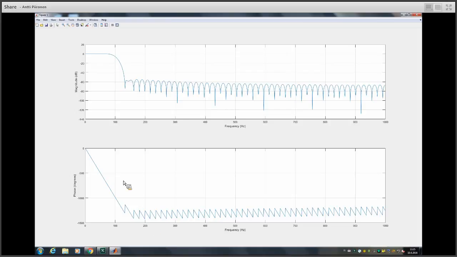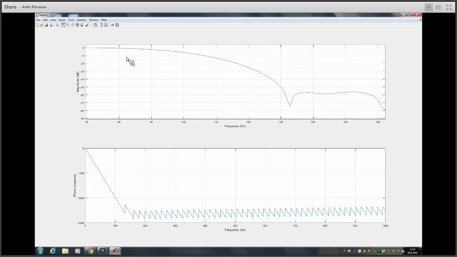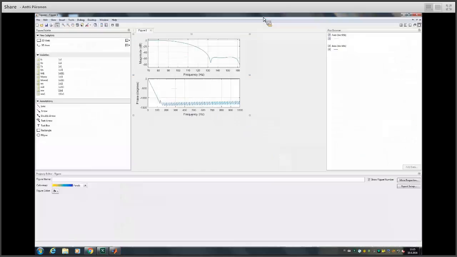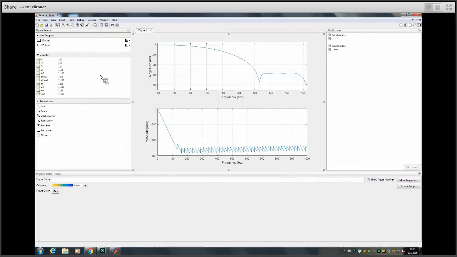Now the question is, is the transition bandwidth proper? If we could tolerate, say, double of that transition bandwidth, so this transition bandwidth, if I see it correctly, let's zoom it a little bit to see it better. So our cutoff frequency is, let's see, data cursor. Where are the toolbars?